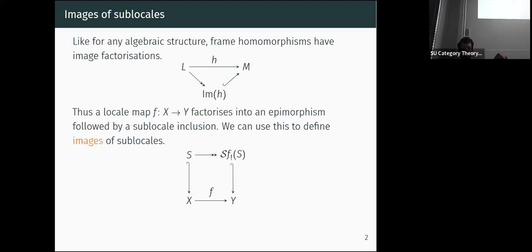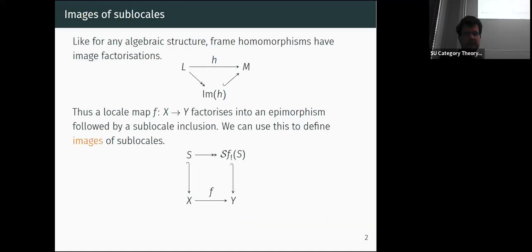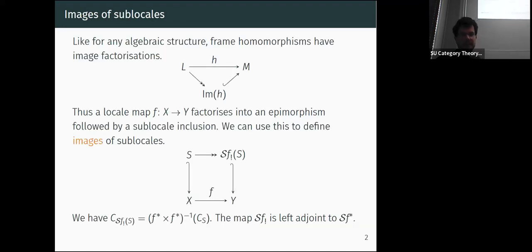So if we have a sublocale of X, and then we apply a locale morphism F, we can just factorize that. And then the thing we get in the middle is going to be the image of F. And I'm calling this S F lower shriek. So the previous one, the preimage, I called S F upper shriek, upper star. And the reason for this notation is that it turns out this is left adjoint.